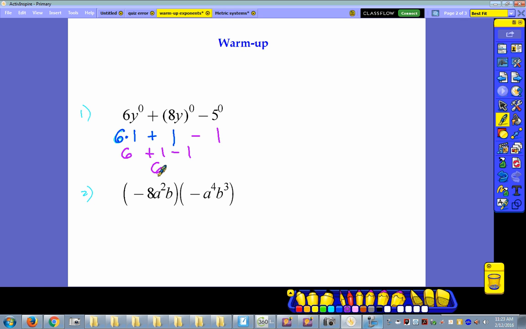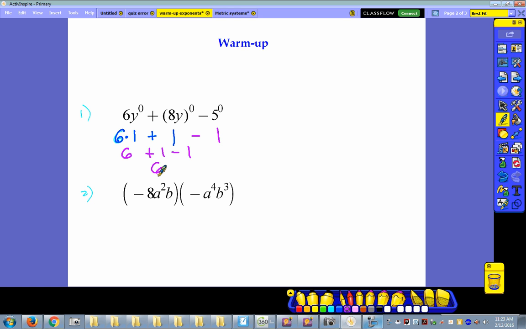All right, now number 2, we are multiplying a monomial with another monomial. As what we said last time, you always start with your coefficients. Coefficients, just multiply them like regular numbers, the rule that we learned when we learned how to multiply.